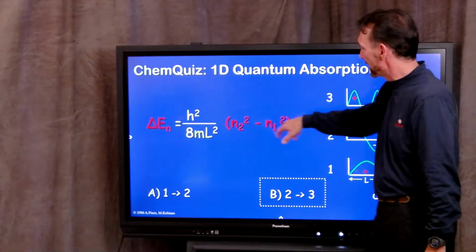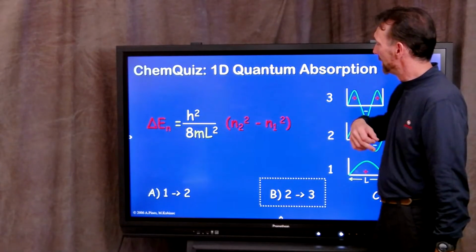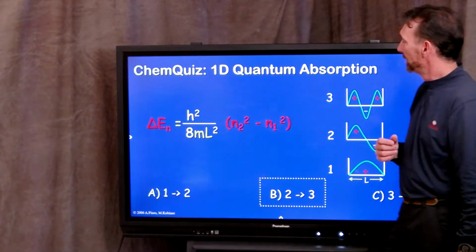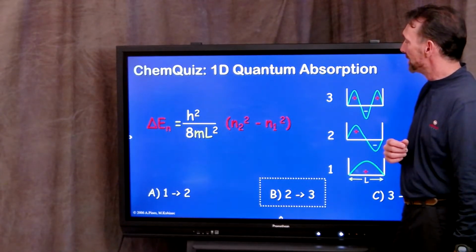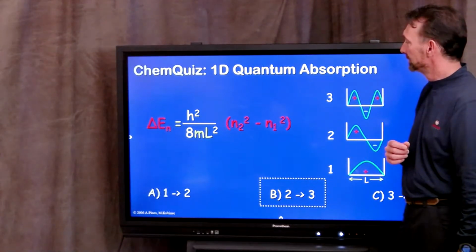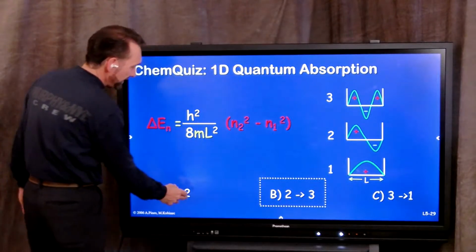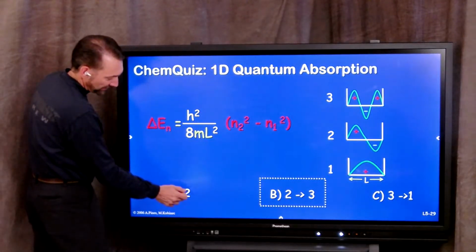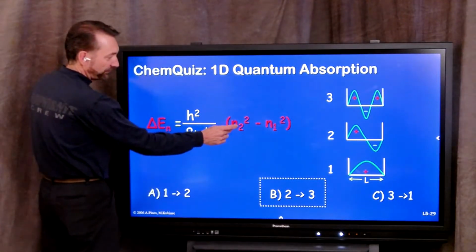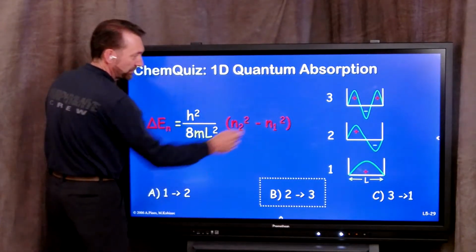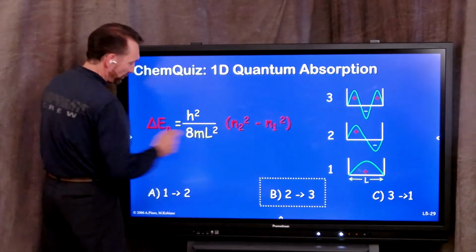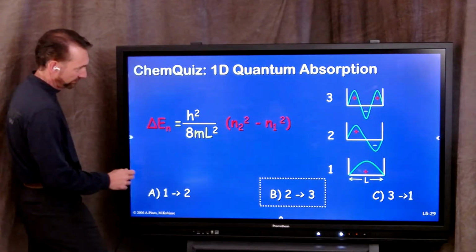The initial state, state 1, is that n squared. So if it's n squared minus n squared, so the final state is 2 here, so that's 2 squared minus 1 squared. So that would give you 3 here.